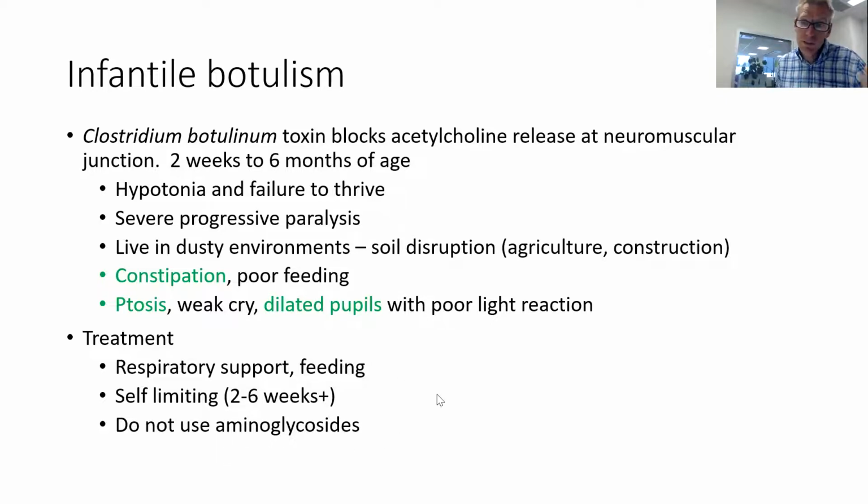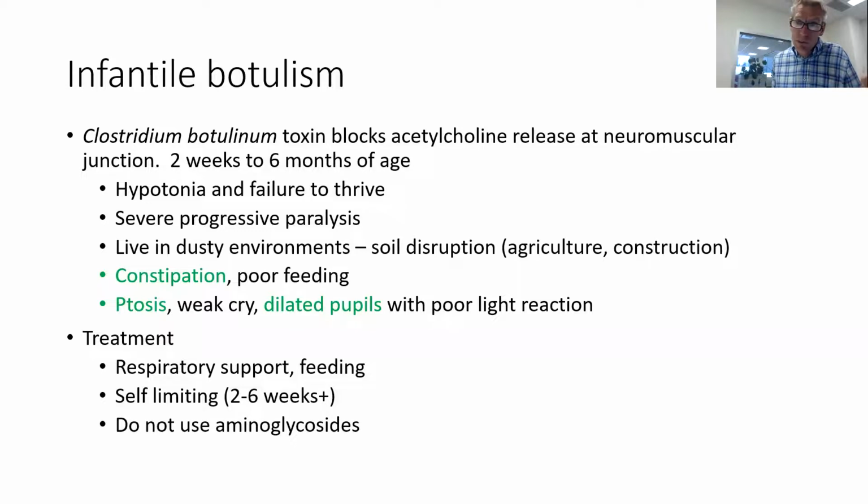So I just think it's one of these diseases that we don't often think about. When we see floppy babies, we often just call it AFP, acute flaccid paralysis, and think it might be Guillain-Barré syndrome. But just look at the baby's pupils and ask the question about constipation, I think those are the key things to diagnosing infantile botulism. It's an important diagnosis to make.